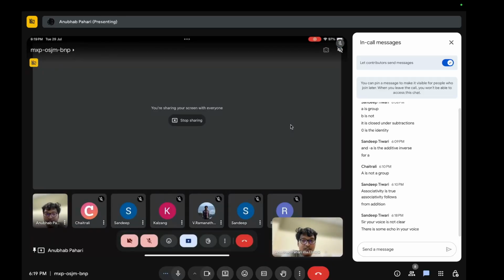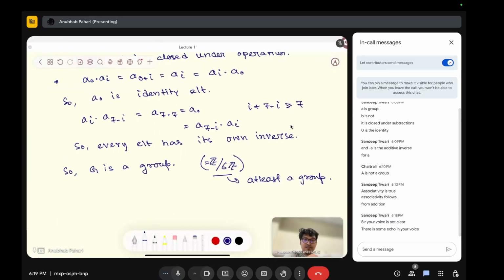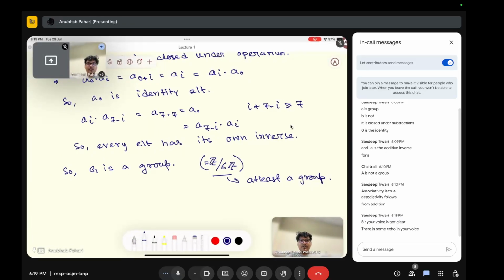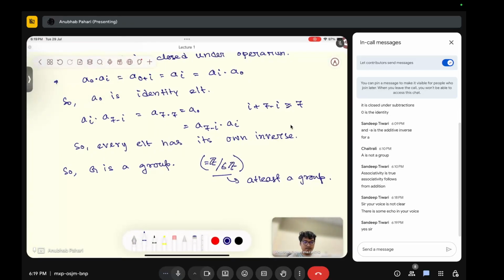Now is it clear? I think it should be clear now. Then Notepad was recording the voice, so I forgot to turn it off.